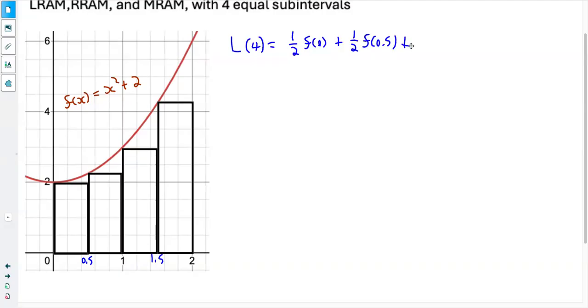And then plus 1/2 times f of 1, because that's giving us the height of this rectangle, plus 1/2 times f of 1.5, because that's the height of this rectangle.